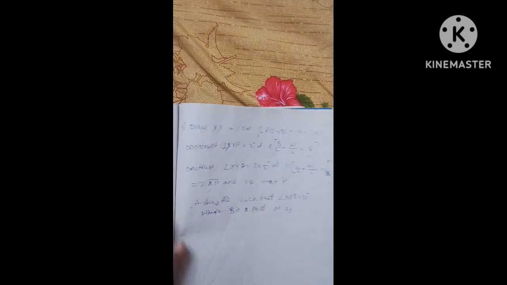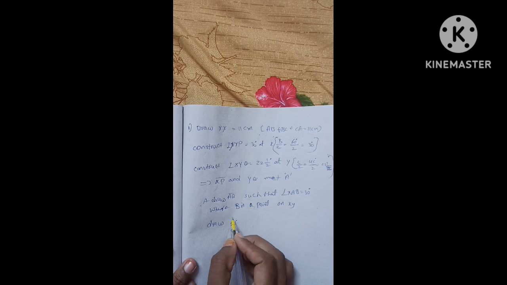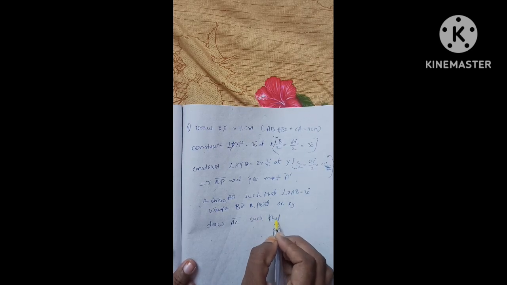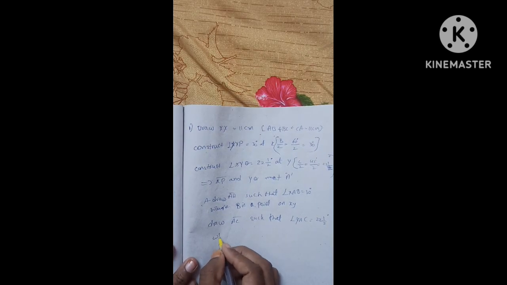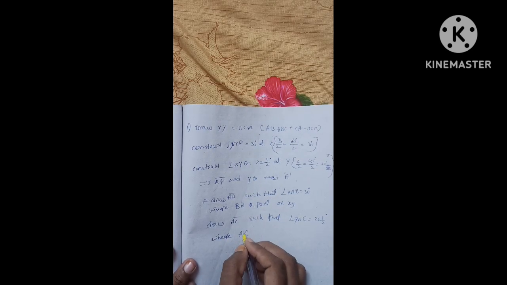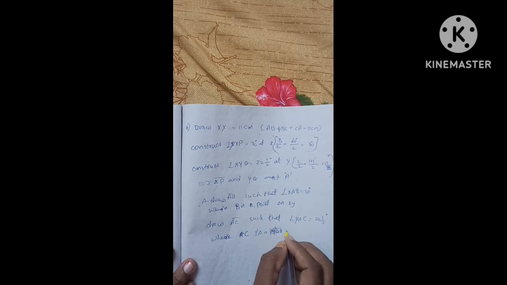Okay, draw AC such that angle YAC is equal to 22.5 degrees, where C is a point on XY.